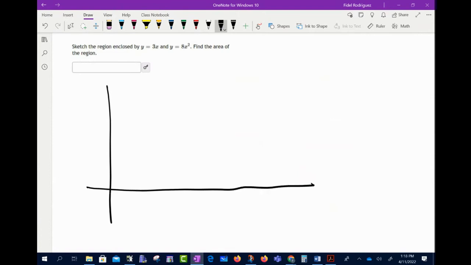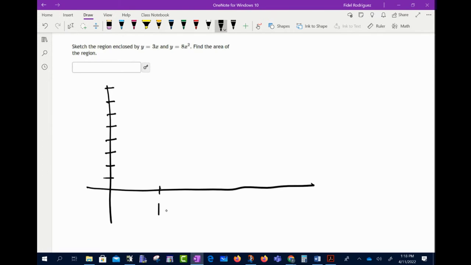All right. So I'm going to try to draw a picture here. I'm going to try to graph y equals 3x and y equals 8x squared. So we're going to go really, really slowly here, guys. Look, I'm going to go like this: 1, 2, 3, 4, 5, 6, 7, 8.